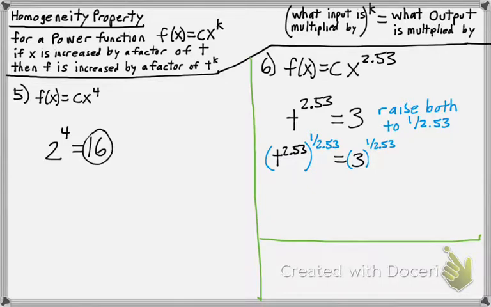On the left, the 2.53 and the 1 over 2.53 will cancel out, and that will just leave you with t.